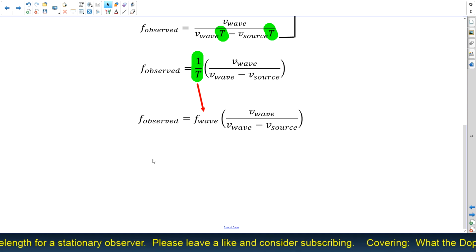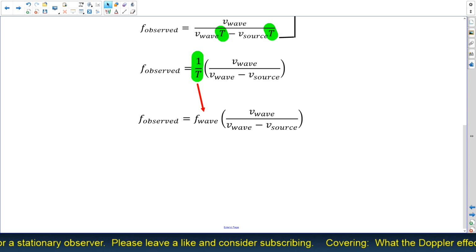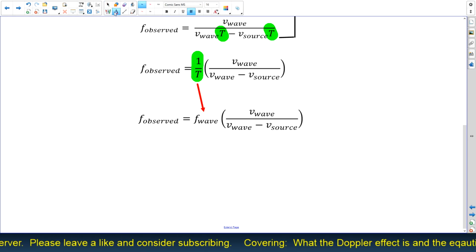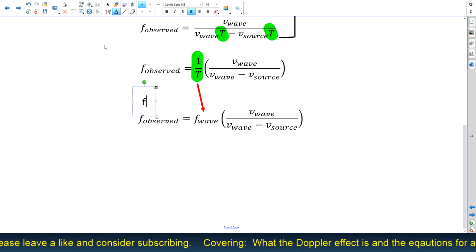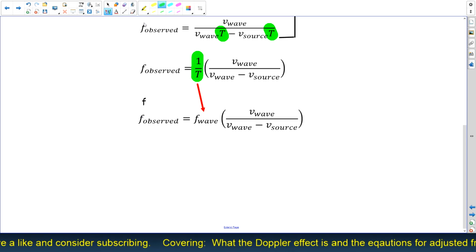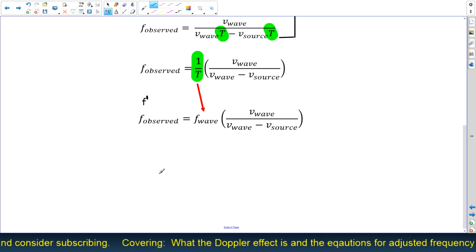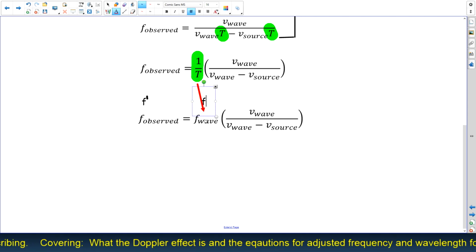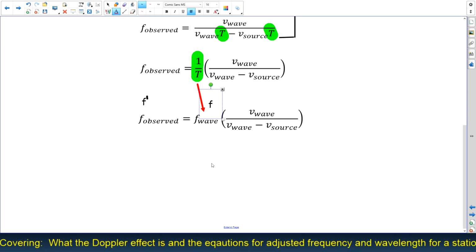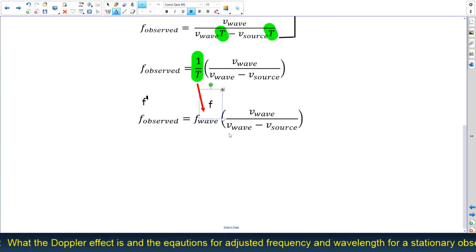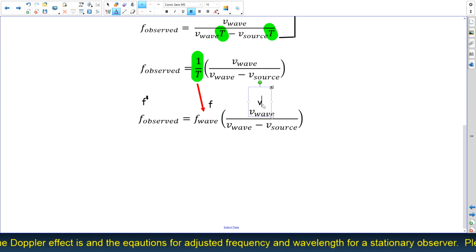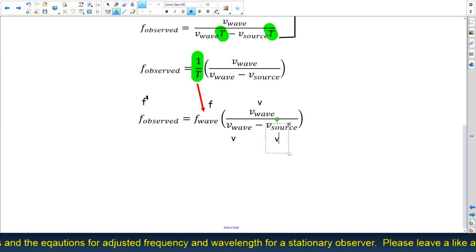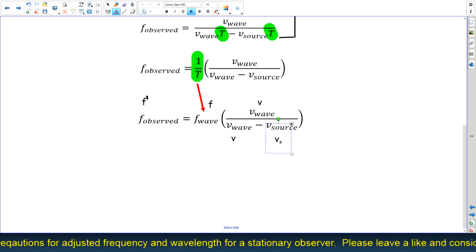This is disgusting looking, so we're going to make this look a little bit nicer. Okay, instead of f observed, we're going to change that to f, and then we're going to put a little dash up high called a prime. We're going to call that f prime. Okay, f wave, we don't need the subscript wave, we just need f. Anytime we use f or v, we're talking about the original wave produced. The same goes for v wave, we just replace it with v, and then v source, we're just going to shorten that now to v subscript s.